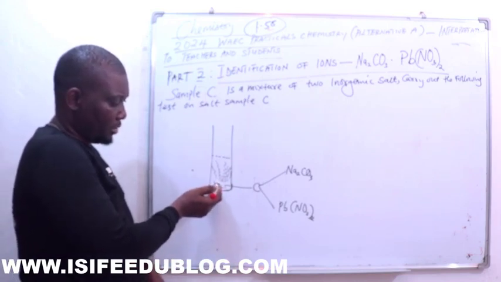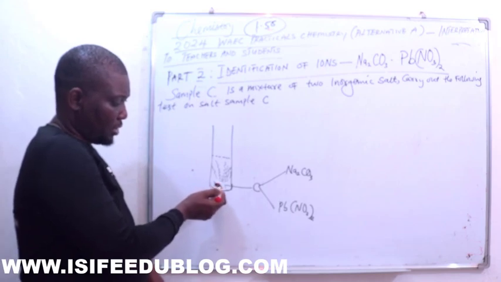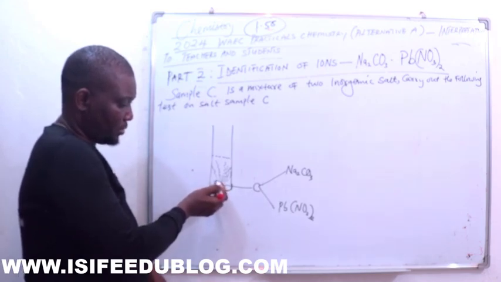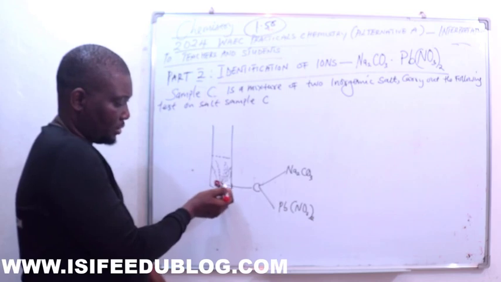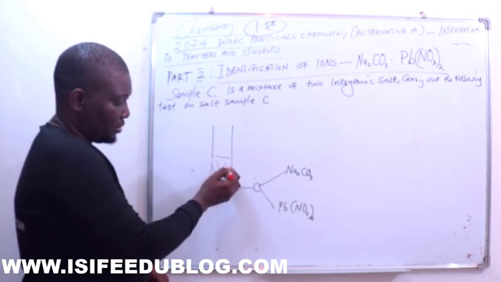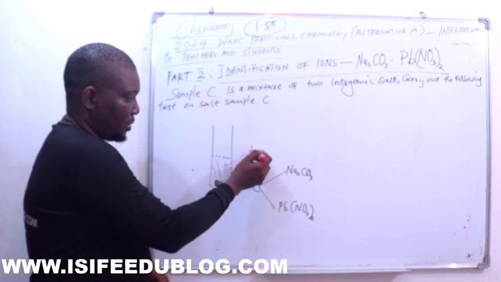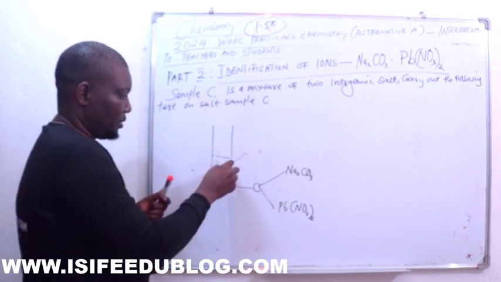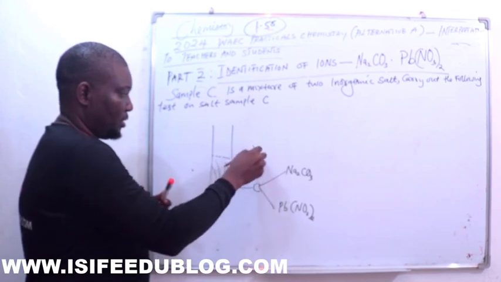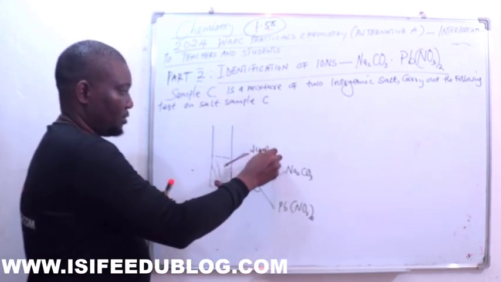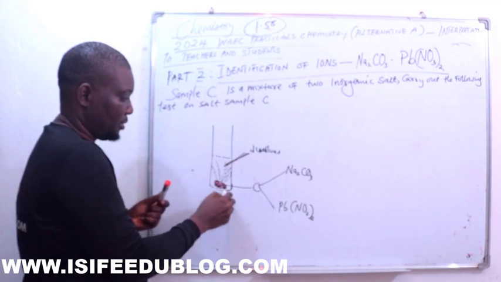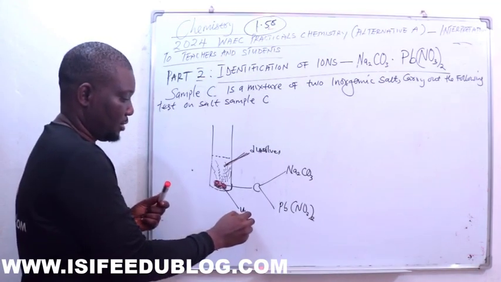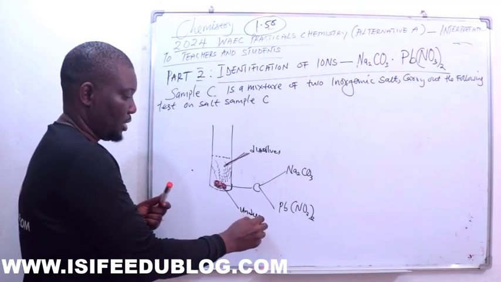Maybe this part in red is the remains of C that does not dissolve. So this part dissolves, and this part is undissolved.